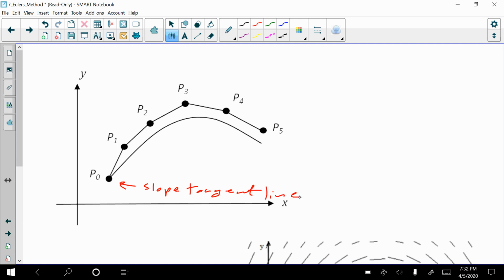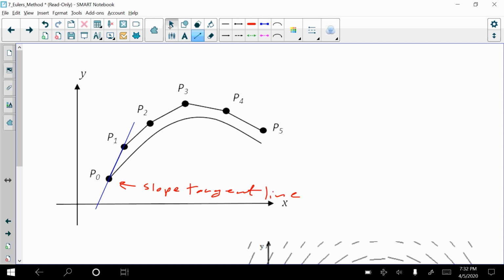And you can find that out using a lot of other methods that you've seen in calculus so far, but essentially what we want to be able to figure out is the slope of a tangent line there, and we would have something that goes like this.